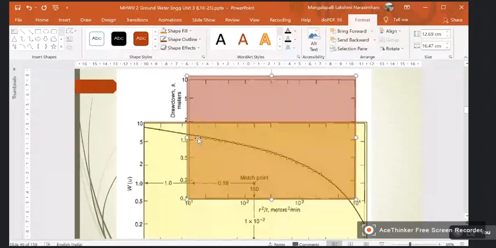So the circles which you are seeing here are our data points, and the full line is your type curve.